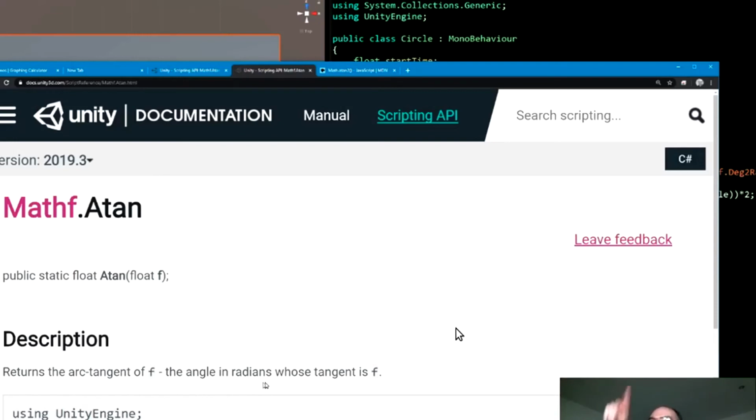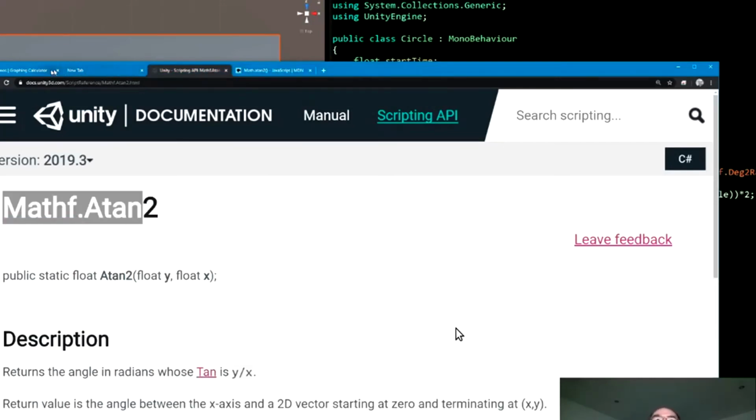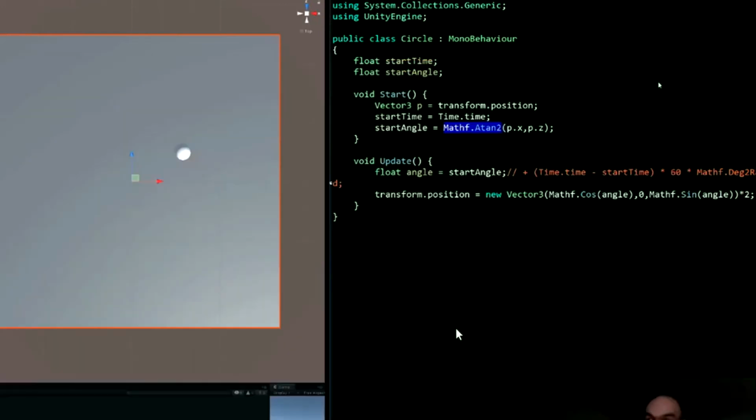Tangent of f, the angle in radians whose tangent is f, of course doesn't really help too much, but the way you measure the tangent is rise over run, that is y divided by x. Because of that, the ATAN2 function puts the y first and then the x second. It's a mathematical convention which can be terribly confusing. But there is a reason. The reason is that it makes sense mathematically.